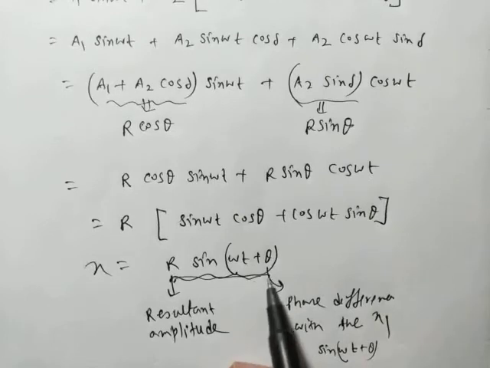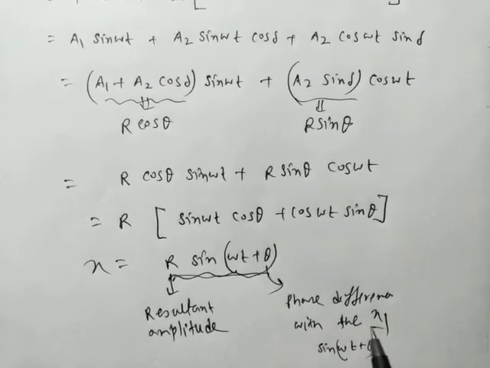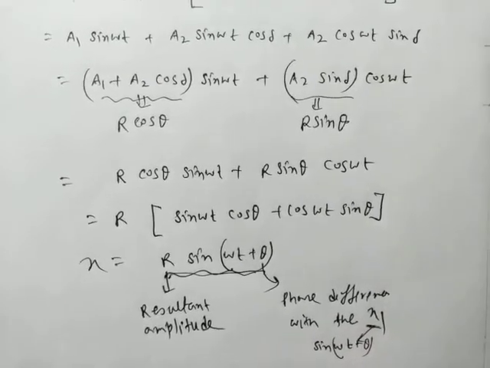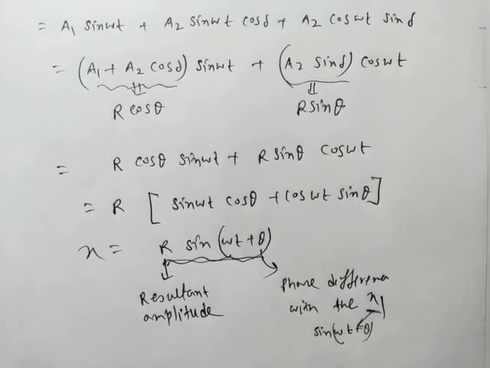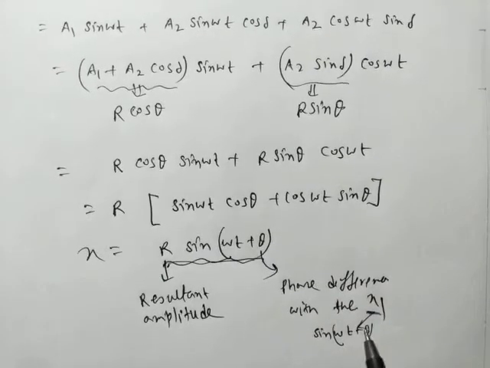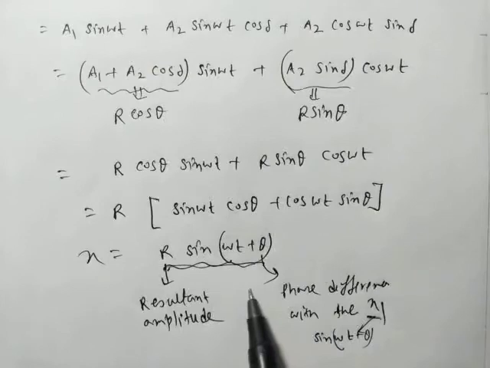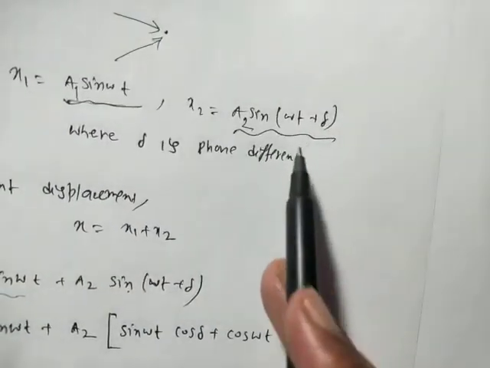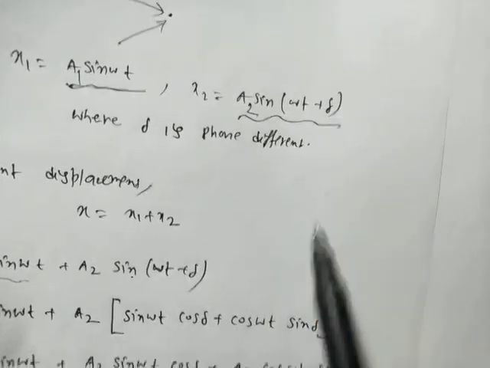So the phase difference theta is with x1. The phase difference between this resultant and x2 is delta minus theta.